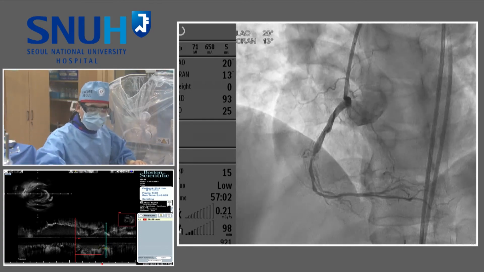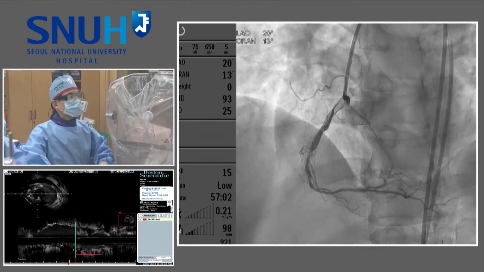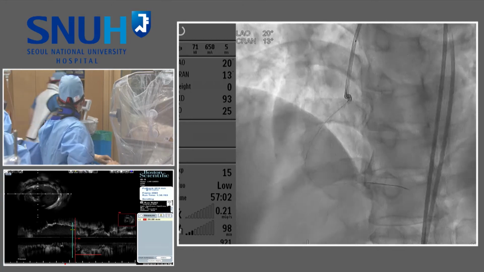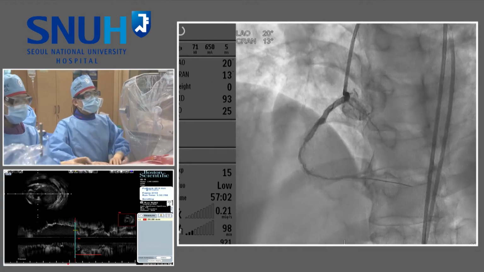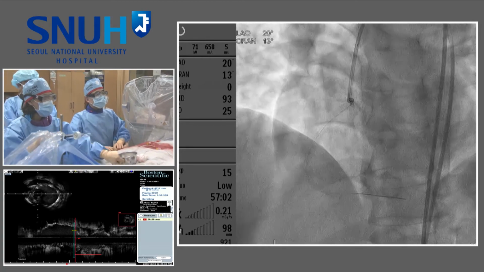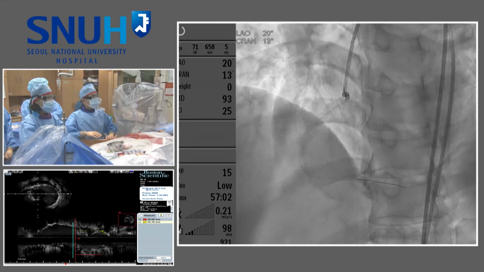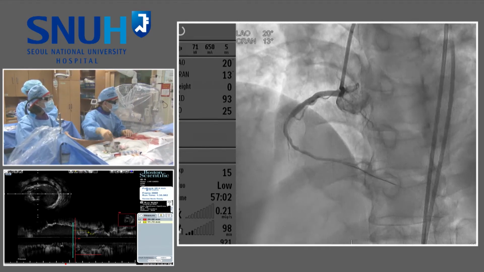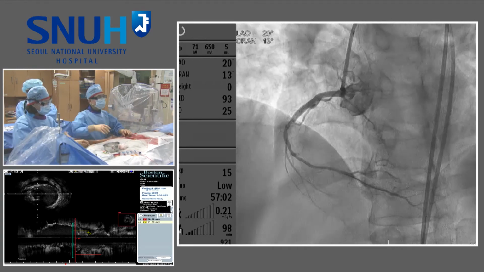Is there anybody in the audience who thinks he should put a 4.0 stent in the distal vessel? 3.5, raise your hands. One hand came up. 3.0? 2.75? Actually, so many votes for 3.0. You lost. It's okay. Come on, it's okay.